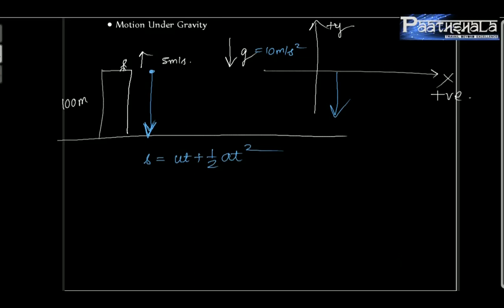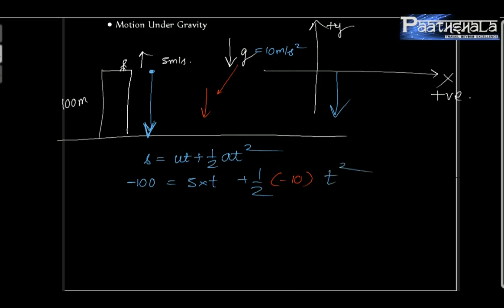So S is in the negative direction and has to be substituted as minus 100. So this is equal to ut, which is 5 into t, plus half into g, which is also downward, no? Acceleration due to gravity is downward, so this is minus 10, not 10. Now we'll get correct answers, into t square.